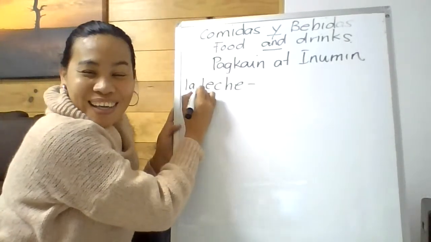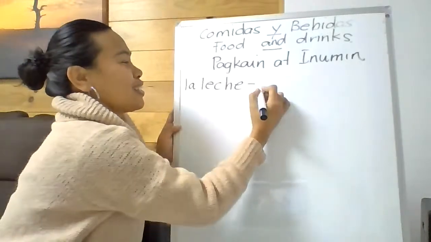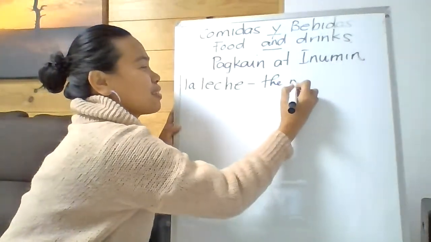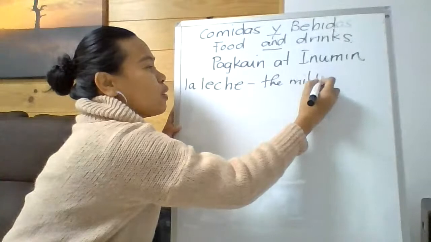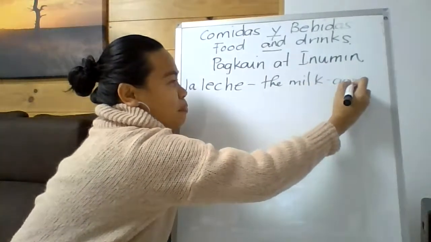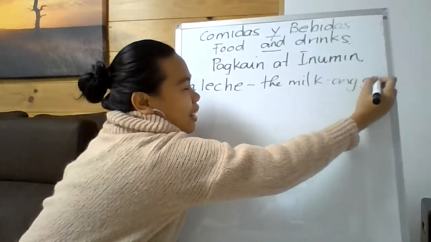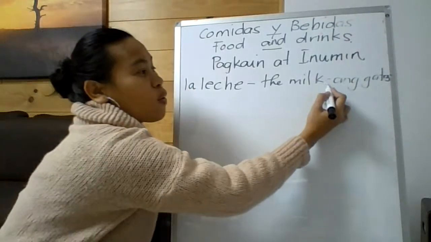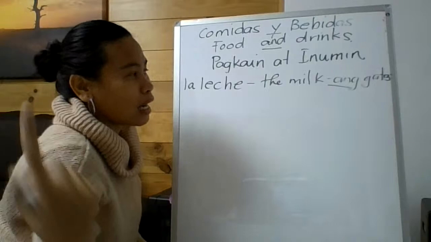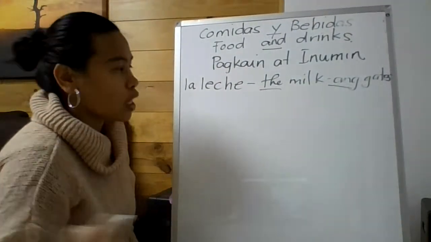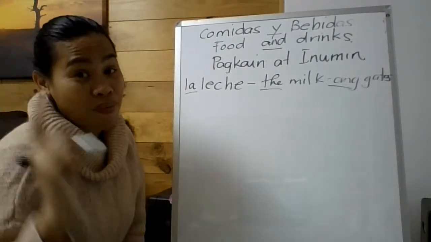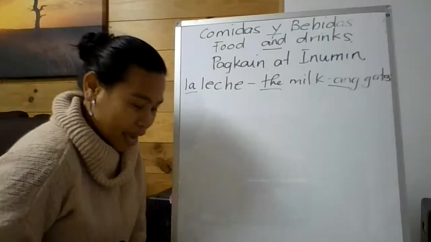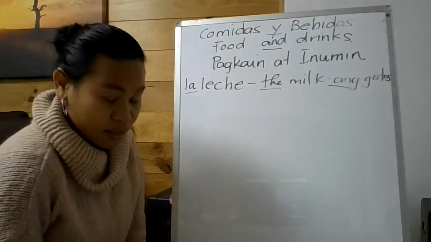Very good, Irad. La leche. In English, the milk. In Tagalog, ang gatas. Ang gatas. Okay? So you can see, we only have one article, ang, and in English, the. But in Spanish, we have la y el, la leche.